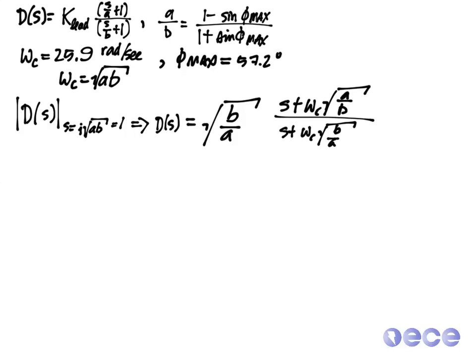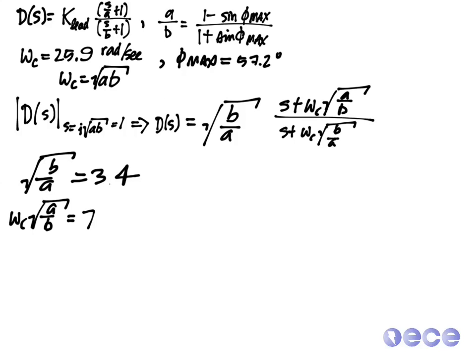And so after you do that, you'll find that the b over a and a over b ratios, so the square root of b over a in this case turns out to be 3.4, and omega c square root of a over b equals 7.62, and omega c square root of b over a equals 88.1.